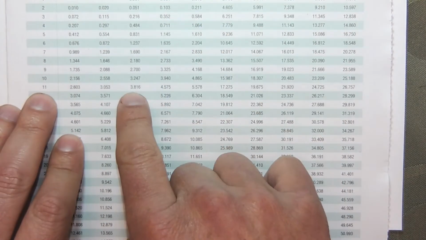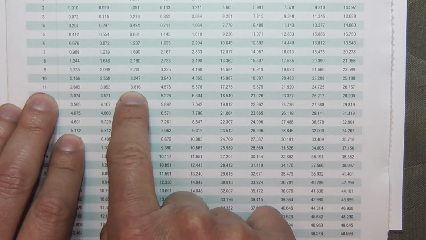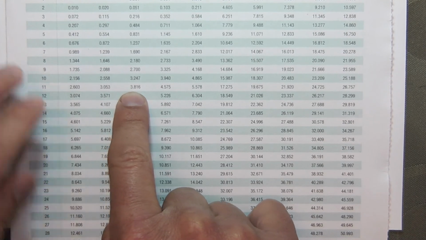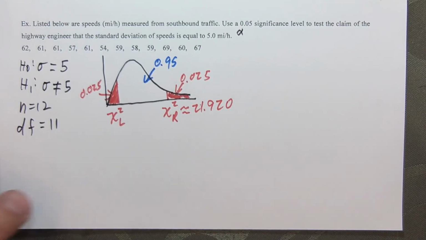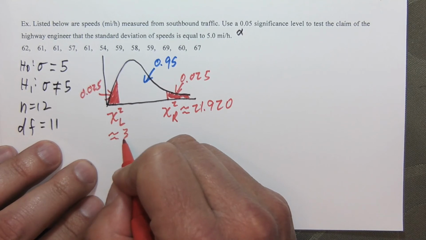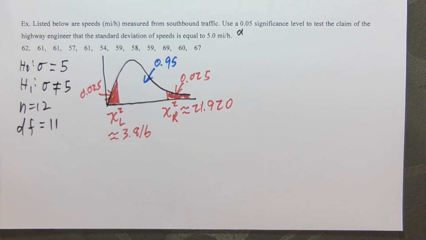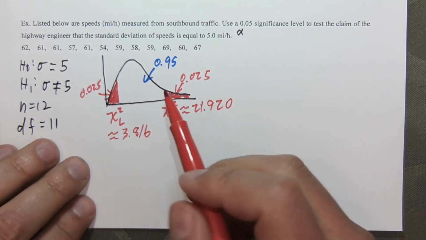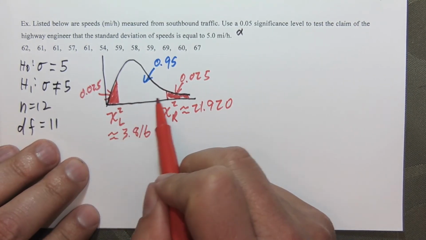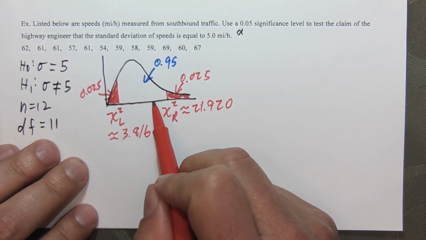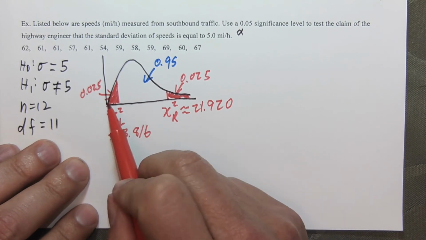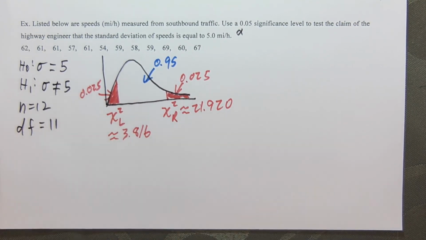Again, with the degrees of freedom, I have 3.816. Meaning if my test statistic is between here and here, then it is fail to reject. If it's in the critical zone, then we're going to reject the null hypothesis.